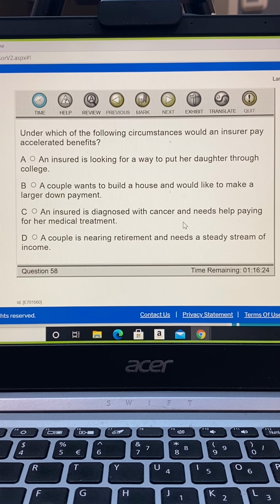Under which of the following circumstances would an insurer pay accelerated benefits? C, absolutely. An insured diagnosed with cancer.